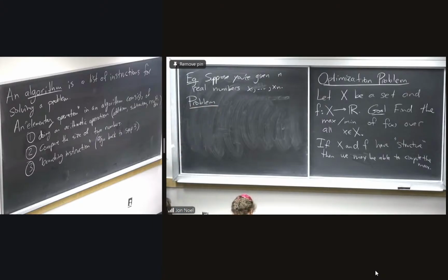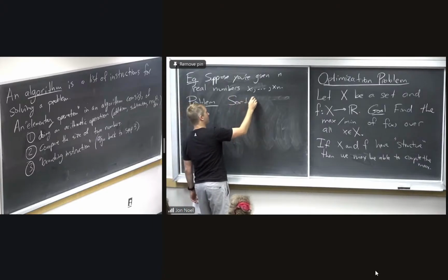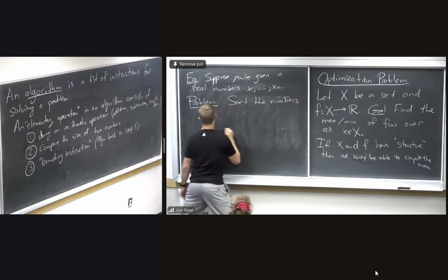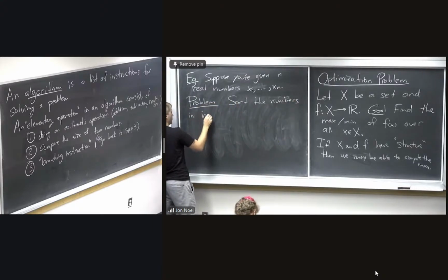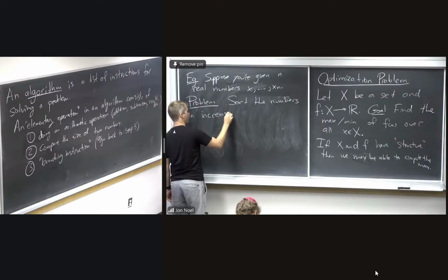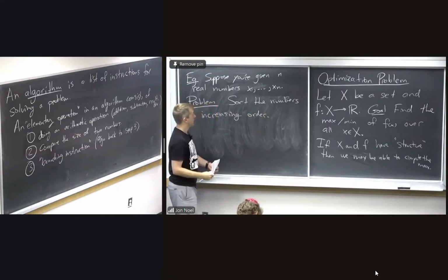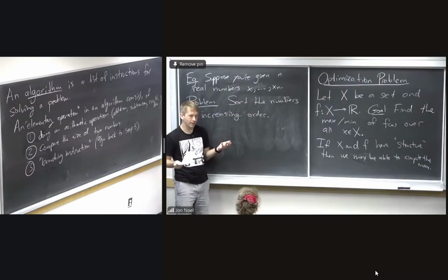What I want you to do is sort the numbers in increasing order and output the result. Because these x1 up to xn could be anything, and we just want to put them in the right order.